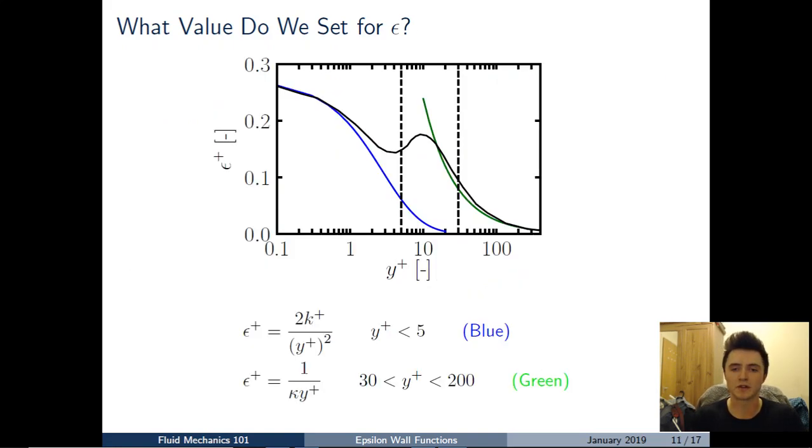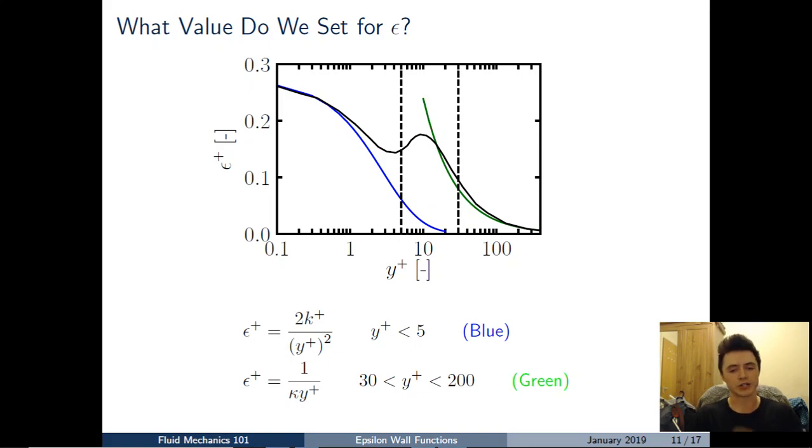Well, as before, we fit a blue line in the viscous sublayer, and we fit the green line in the logarithmic law region. And the data fits, which I'm not going to go into detail here, but I'll provide a link in the description below to a very useful paper which you can read, which explains how you derive and fit these empirical profiles to the DNS data.